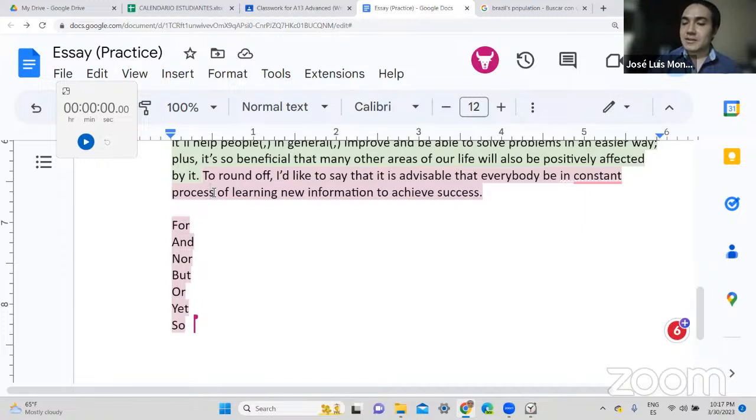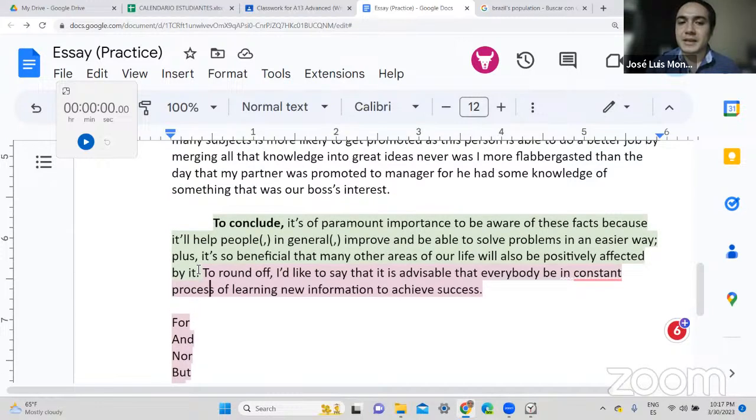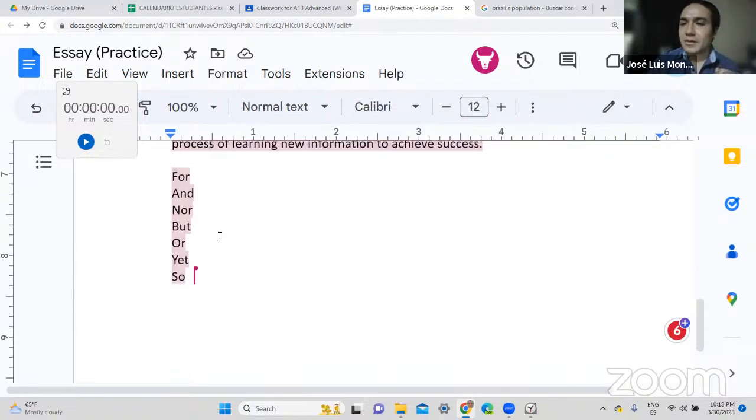If you memorize all the FANBOYS, you are going to be sure when not to use a comma. For example, if you see "plus," but you say, "but plus," yes, it's a small word, so it must work with a comma, right? But no, if it's not a FANBOY, it's not going to work with a comma. You're going to need something else, or either you don't need a comma at all.